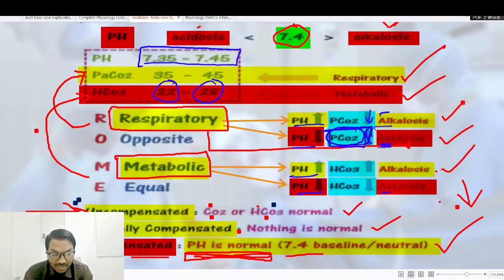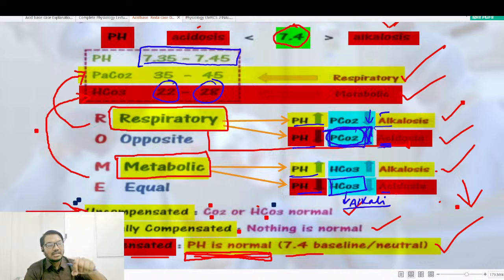Okay. In metabolic, mainly remember the renal system, and here the component will be bicarbonate. Bicarbonate, it's HCO3. Bicarbonate itself is an alkali. Alkali means if you put bicarbonate in any solution, like in water, that water will be alkaline.